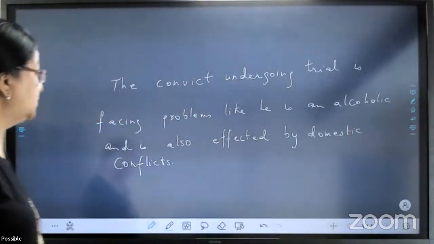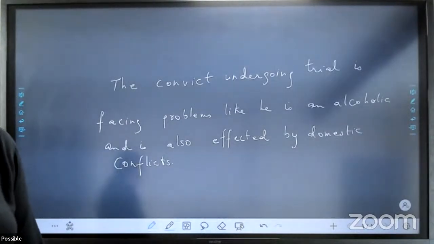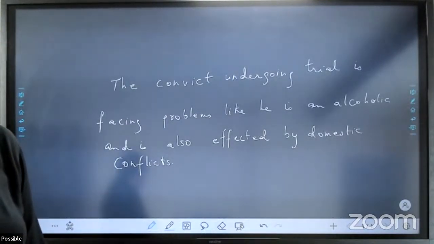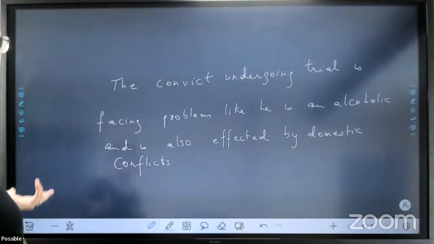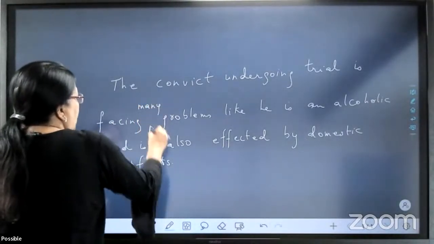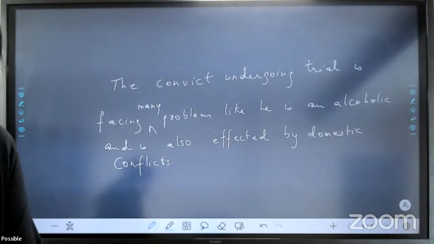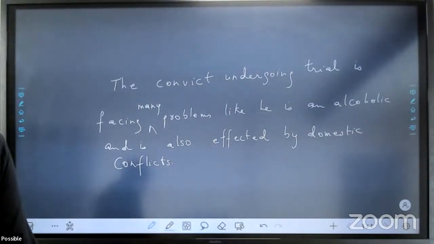I am shifting my position so that you can read the board clearly. I'm reading it for your convenience. The convict undergoing trial is facing many problems, like he is an alcoholic and is also affected by domestic conflicts.